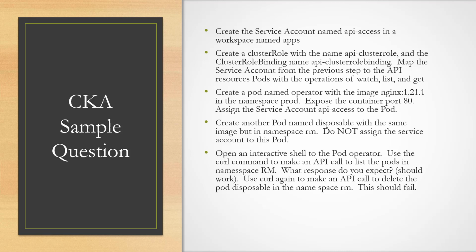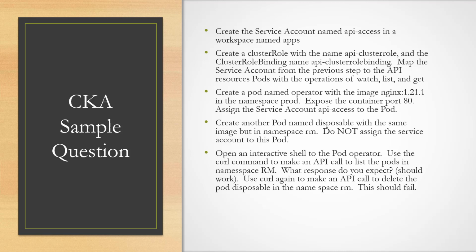Now to test the work. Open an interactive shell to the pod operator. Use the curl command to make an API call to list the pods in namespace RM. What response do you expect? Well, you gave the list operation previously to the service account, so this should work.